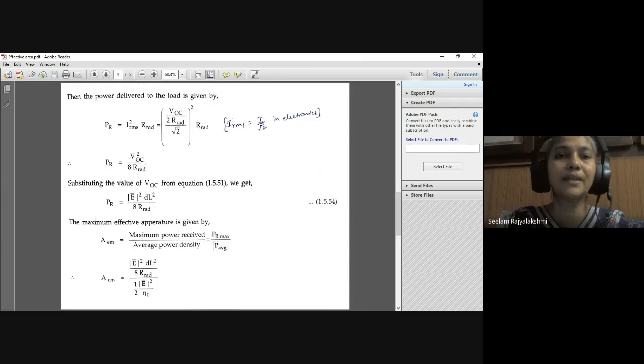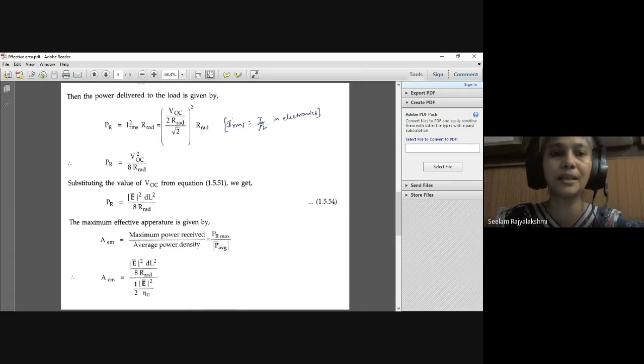Then the power delivered to the load is given by P equals I RMS squared times R rad, which is V OC by 2 R rad by root 2, whole squared, into R rad.